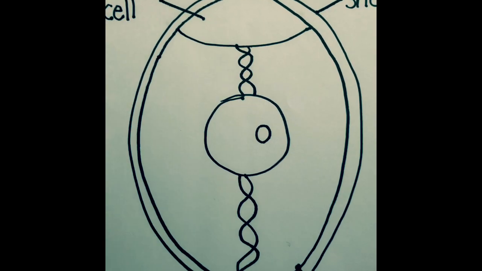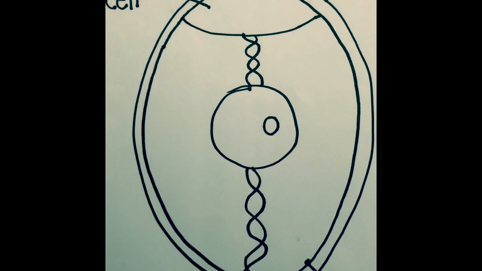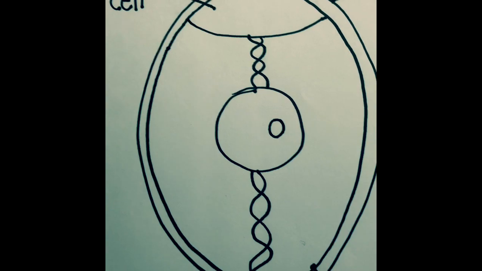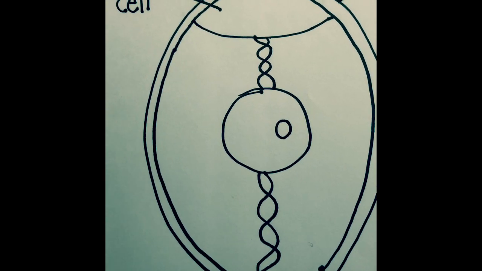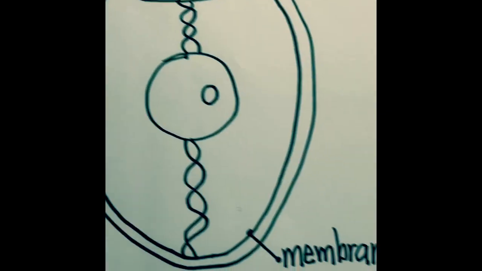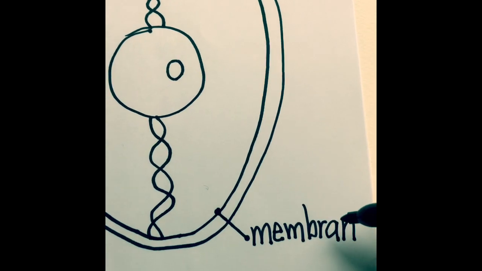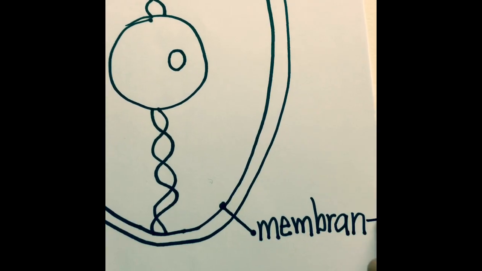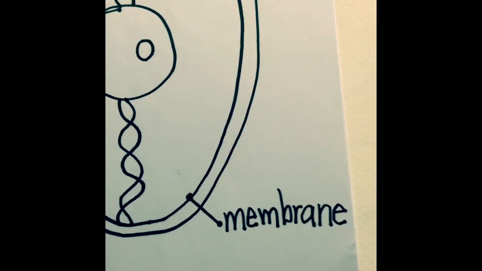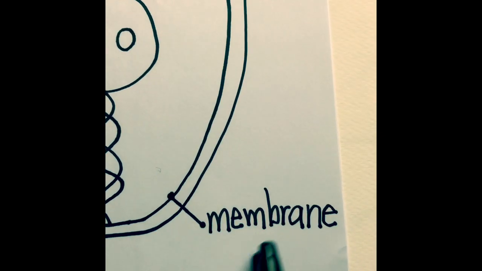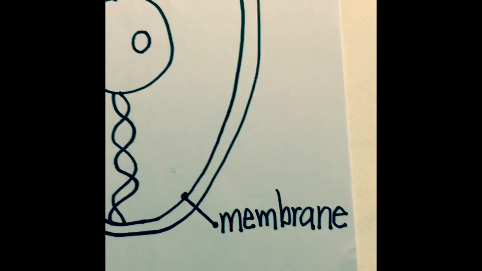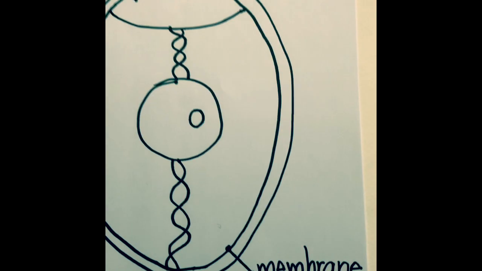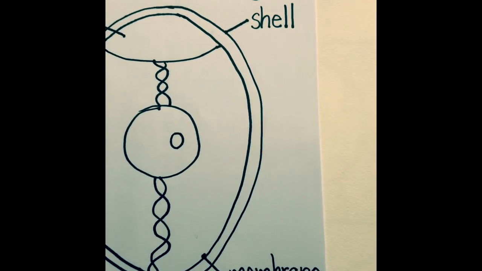Brain. Do you hear a long A there? Brain. N sound. Now to make the A say its name, we add a quiet E at the end. Membrane. Great job, everyone.